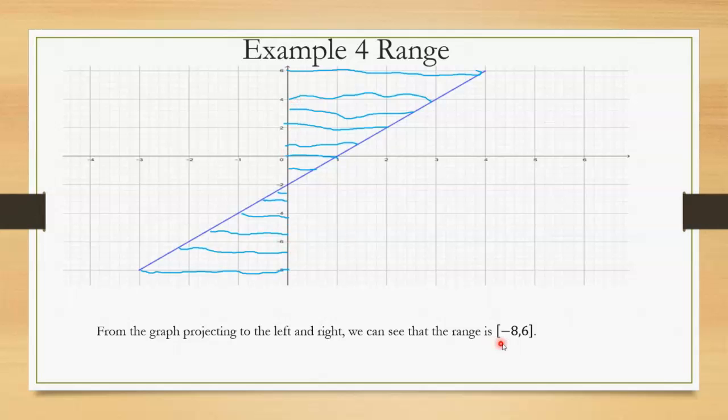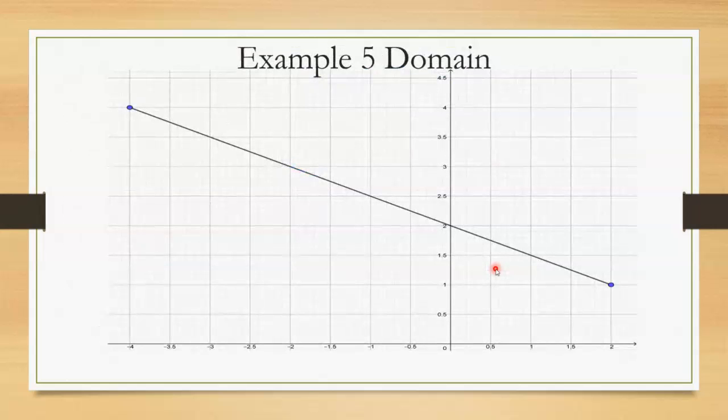So the range is from -8 to 6. Are there any questions about this? I know it takes a little visualization. It's not terrible though, as you can hopefully see.